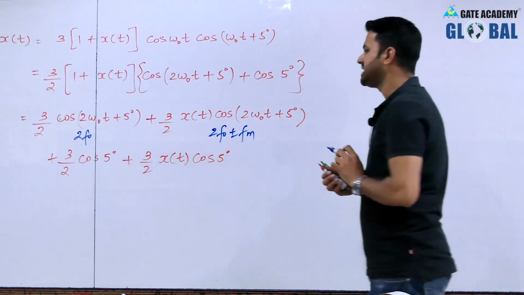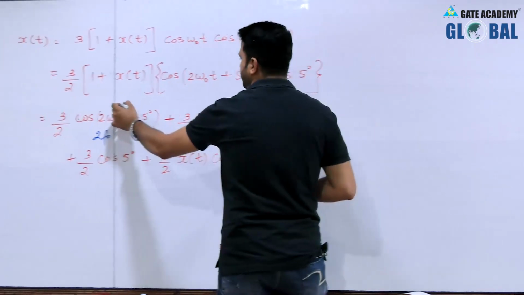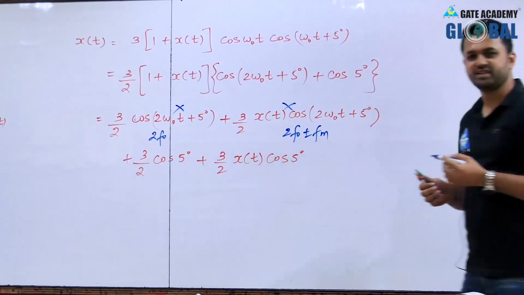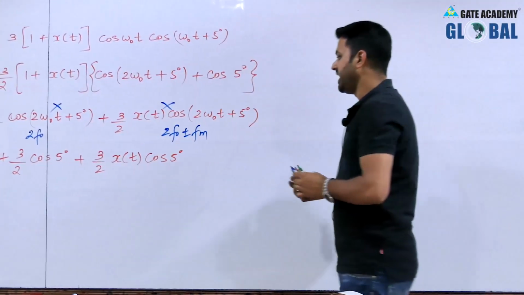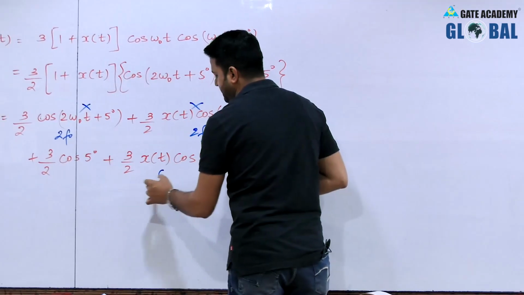So after the low pass filter, these two will be rejected, suppressed by the low pass filter; they will not pass through.